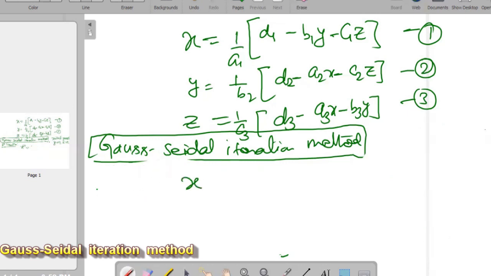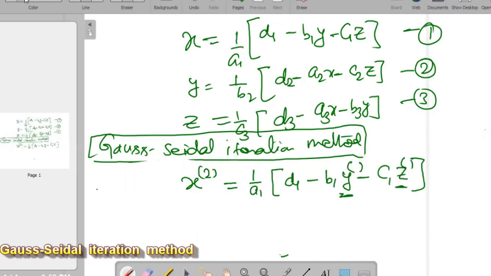In the second iteration, x2, we use the values of y and z from the first iteration. So x2 equals 1 by a1 times the first-iteration values.